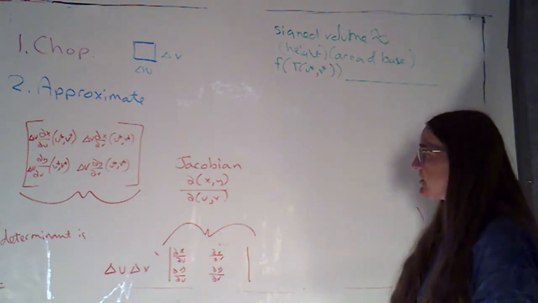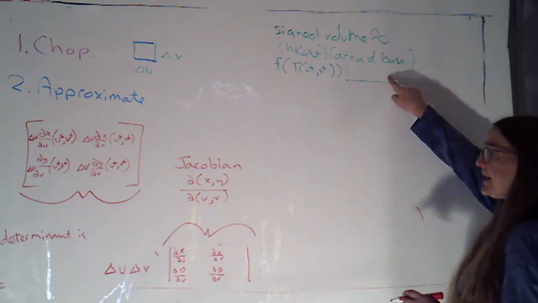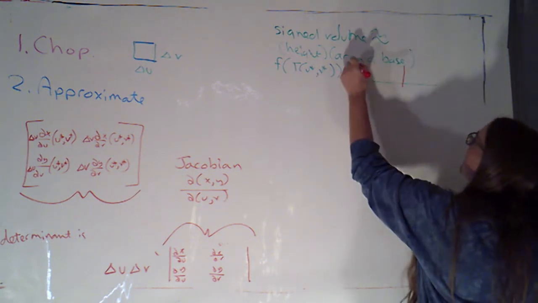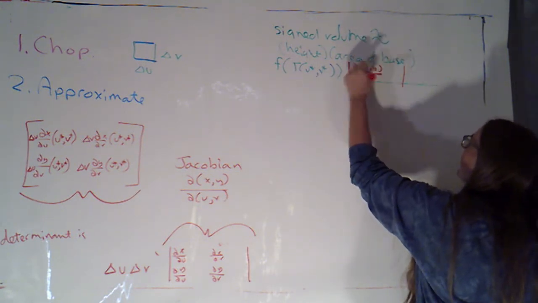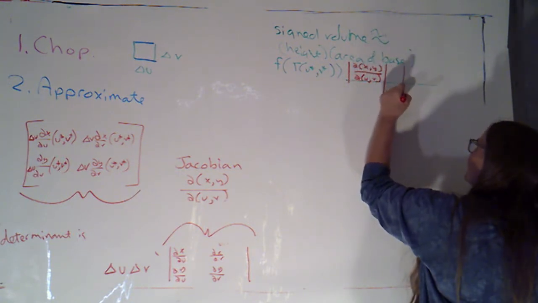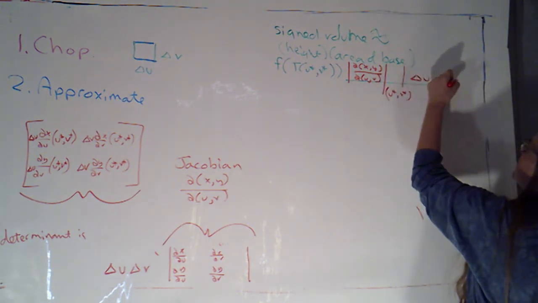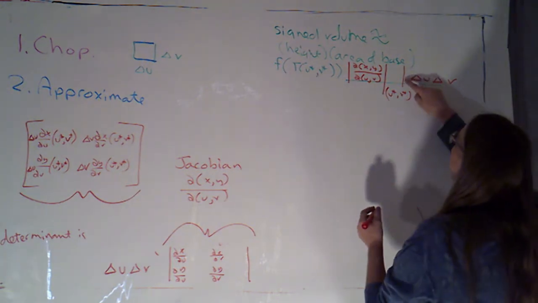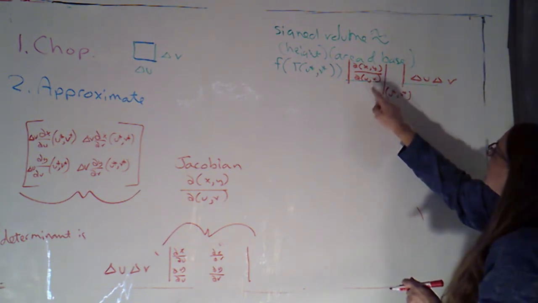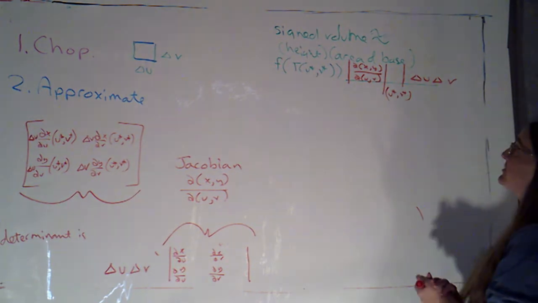But this is just the Jacobian, so I'm going to estimate that the area of the base is the absolute value of the Jacobian, del xy by del uv, evaluated at u star v star, times delta u delta v. So it's the absolute value of the Jacobian that's essentially what we're thinking of as our scaling factor.